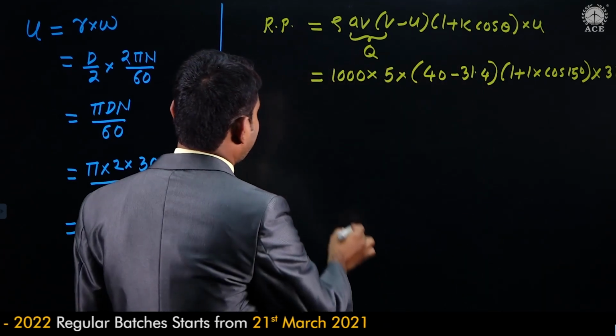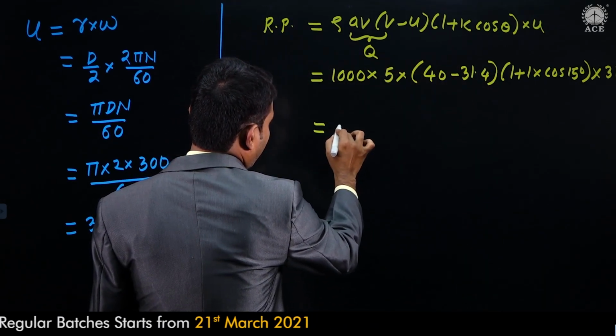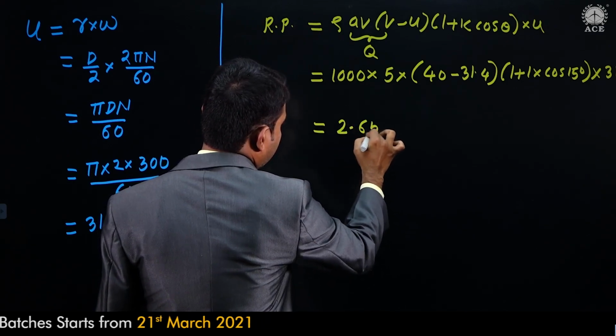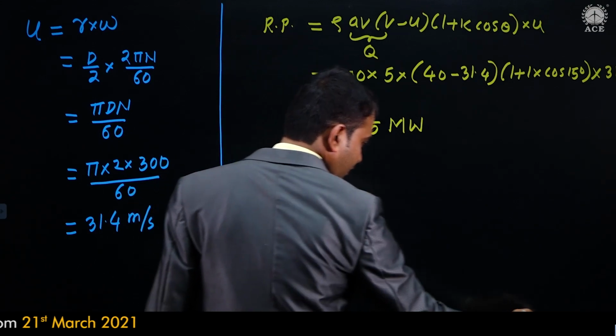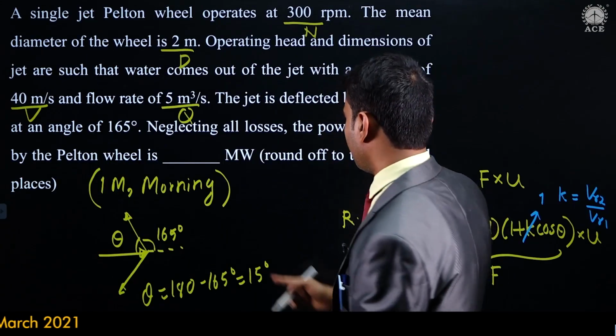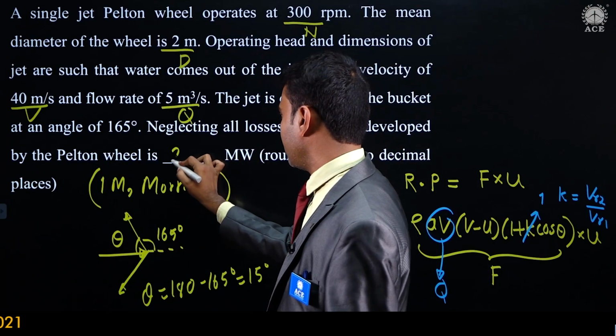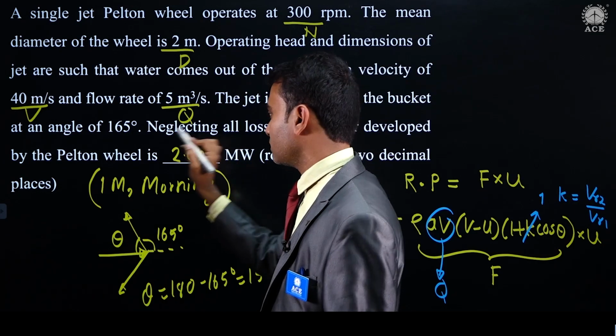If you perform this calculation, you will get the runner power as 2.65 megawatt. Here you have to quote the answer in megawatt, so you write 2.65.